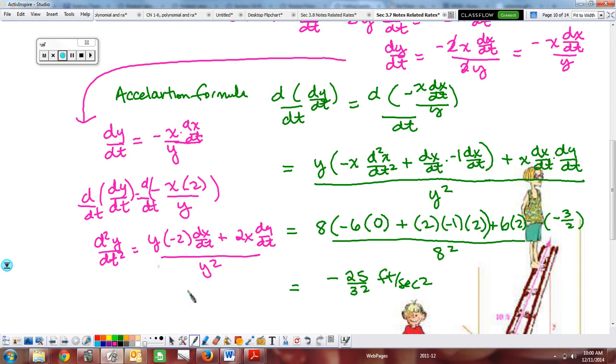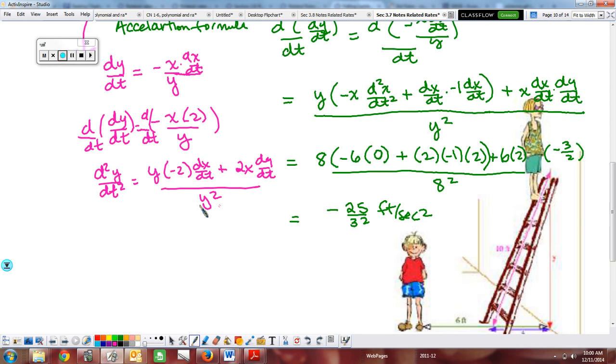This derivative is preferable to that one because it had less information, because we had a constant rate of change. But you'll notice you get the same answer. You plug in your 8, your -2, your 2, your 2 times your 6 times your -3 halves all over your 8 squared, and it works out to be exactly the same thing.